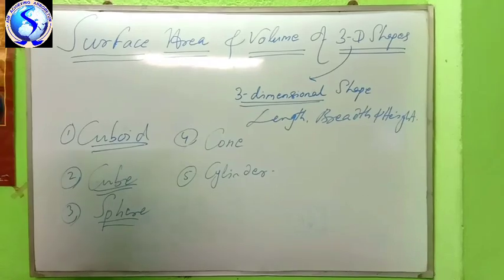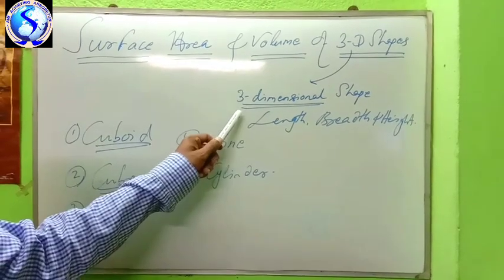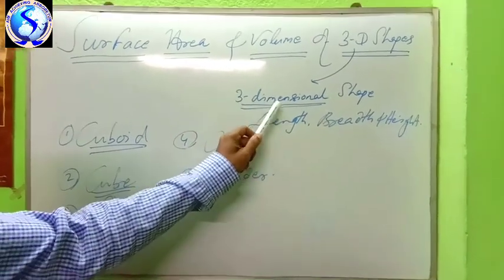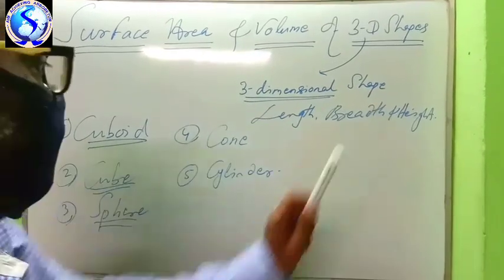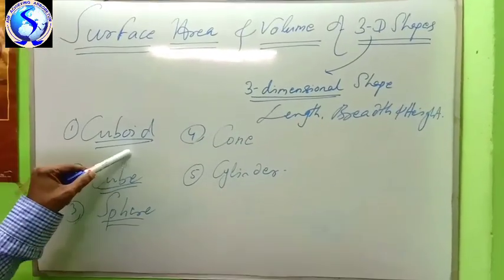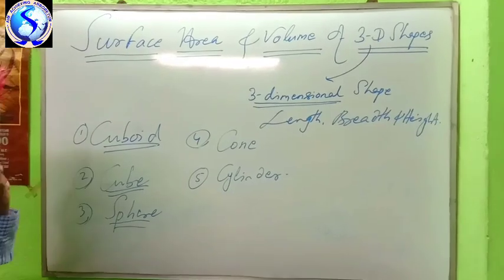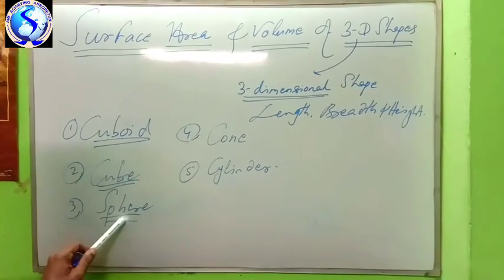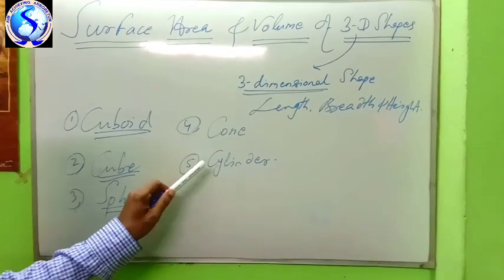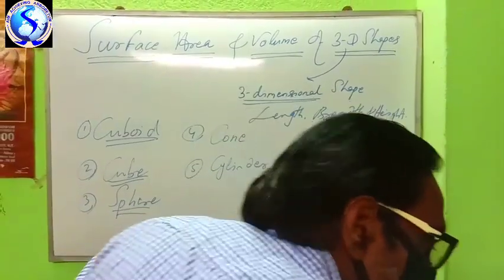Today's topic is 3D. Three-dimensional shape, which has length, which has breadth, which has height. We are taking one example, cuboid. It is a 3D shape, like cube, sphere, cone, cylinder. Okay, let us go one by one.